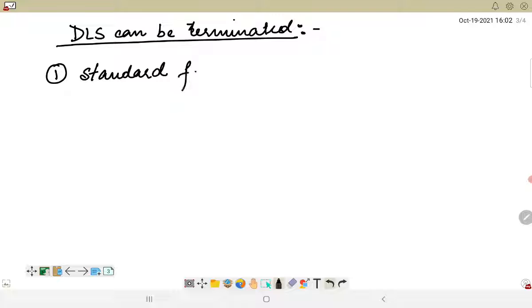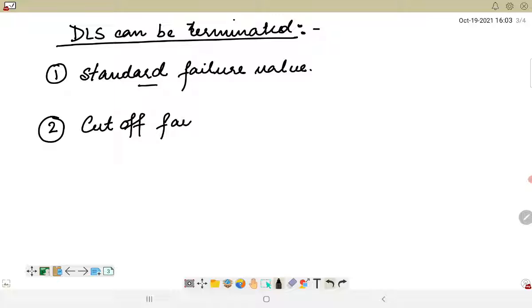By this, I mean that it indicates that the problem does not have any solution. So if the problem does not have any solution, then the standard failure value is attained and the DLS would be terminated. And the second one is when the search attains a cutoff failure value. That means it defines no solution for the problem within a given depth limit.